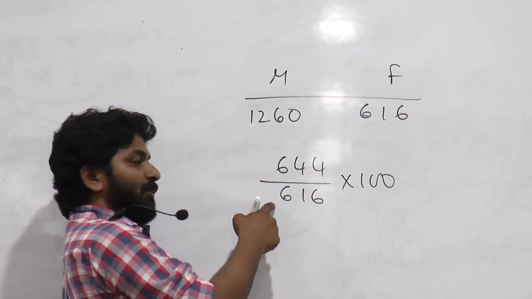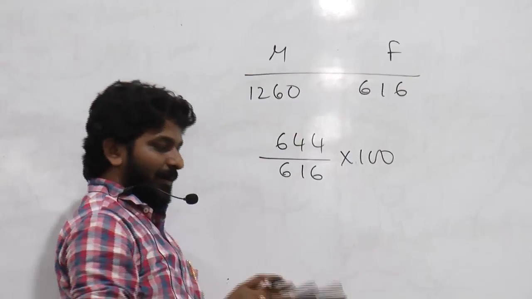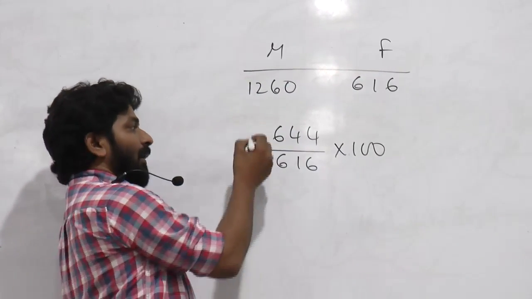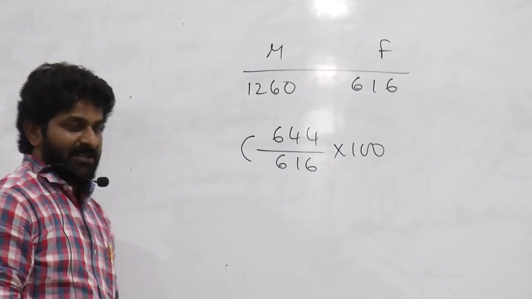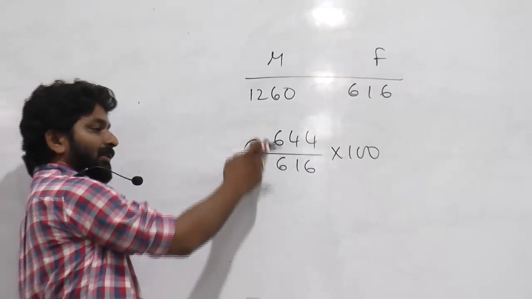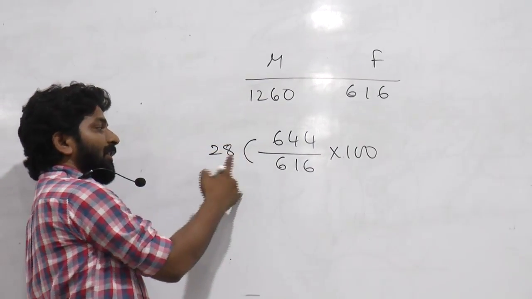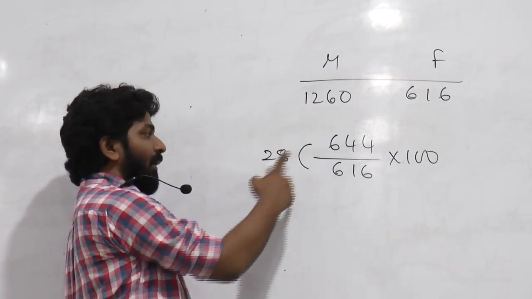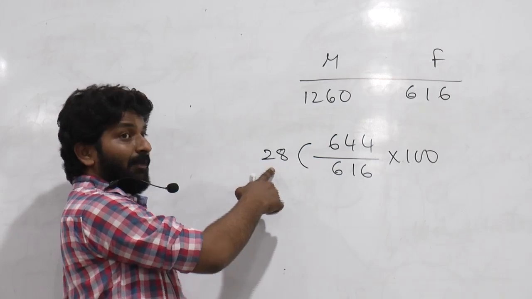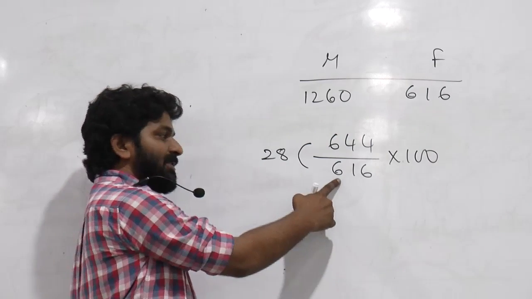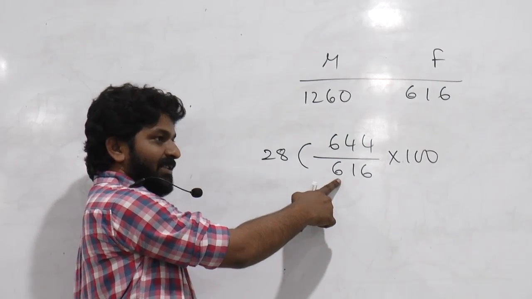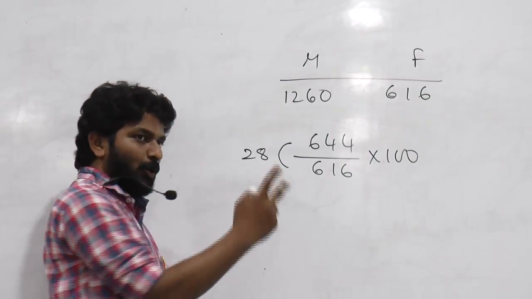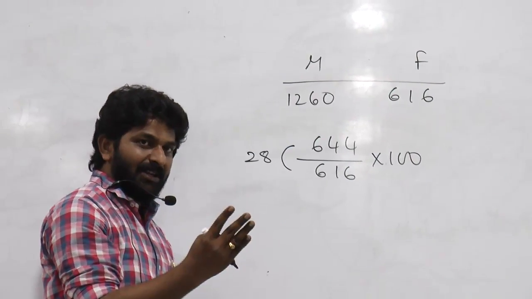Numerator is more than denominator, so the answer is more than 100%. How many options are there? Now, what is the difference between numerator and denominator? 28. If you add 28 to 616, you will get 644. Now you need to identify 28 forms what percent here. 1% is 6.16. Forget about 0.16, 1% is 6. 2% is 12. 4% is 24.